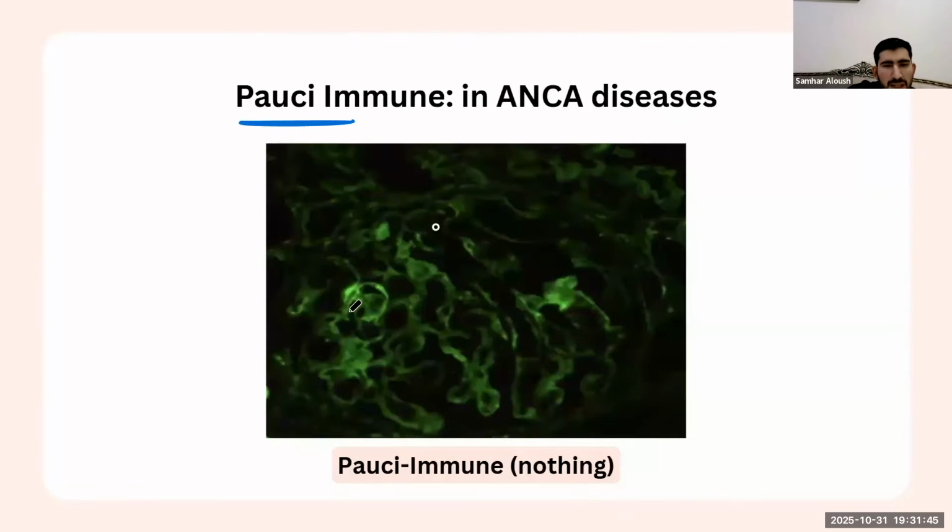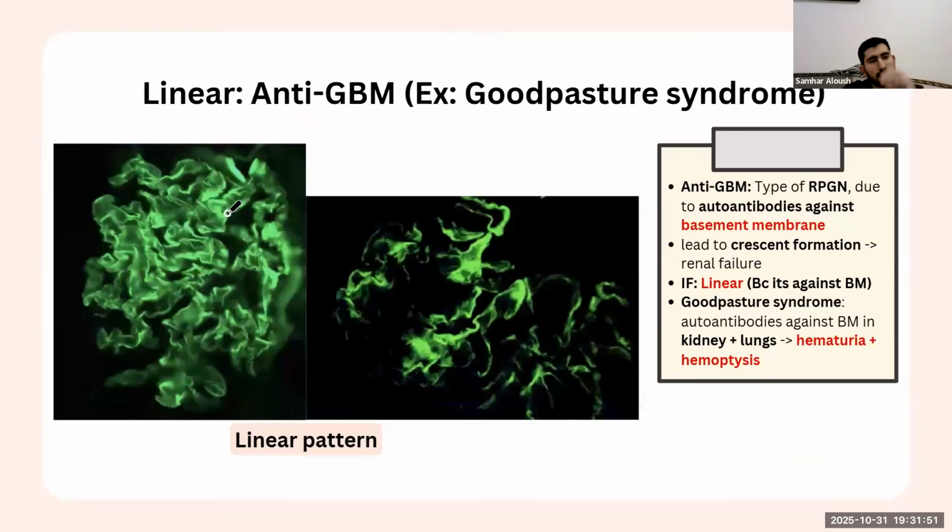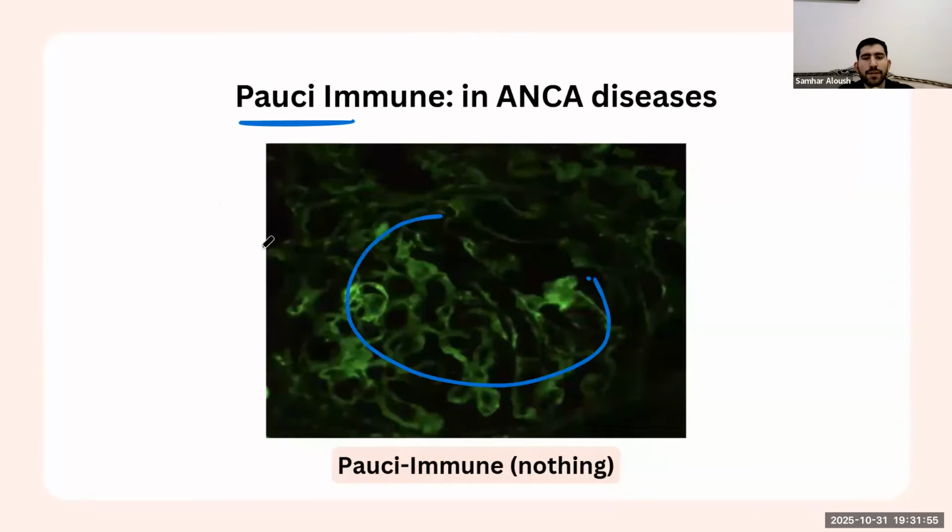Then pauci-immune. As you can see here, it's barely green. You barely can see anything. Compare it with this one. See how the green is very shiny. Here the green is also shiny. Here there is barely any because there are no autoantibodies. It's ANCA diseases. I think you guys finished CVP and you already studied vasculitis.